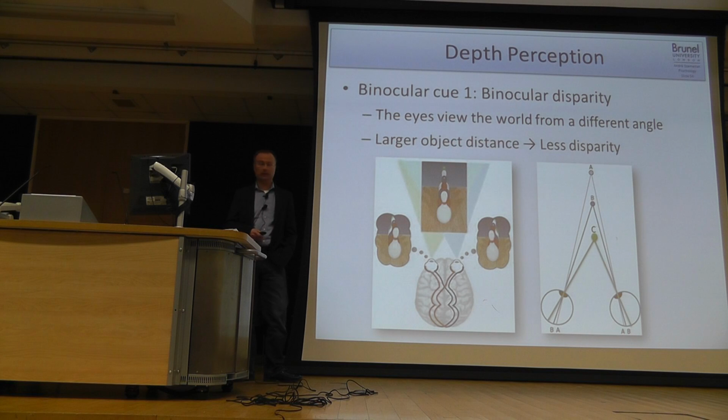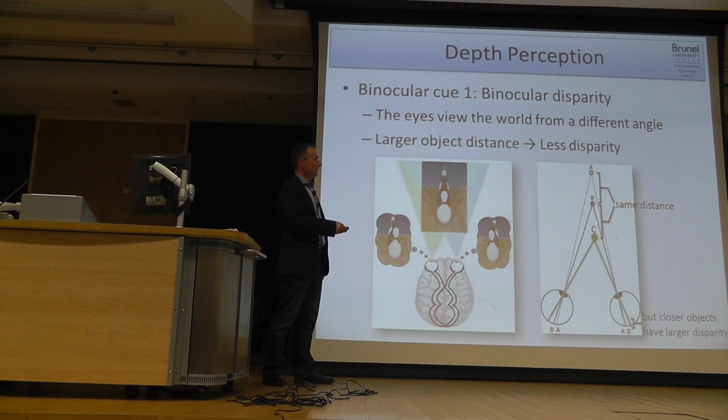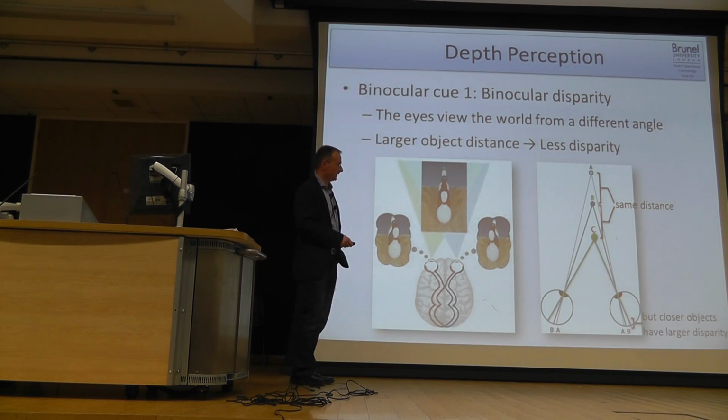Now suppose we have a third bowling pin which is here. That again creates some disparity here. Now this is the same distance. So in space they are both, let's say, 1 meter apart. However, C is closer to us than B, and B is closer to us than A, from a person's perspective.